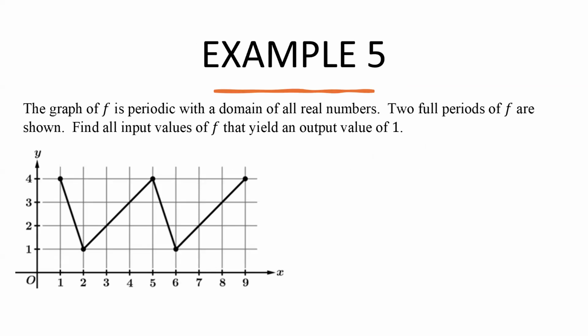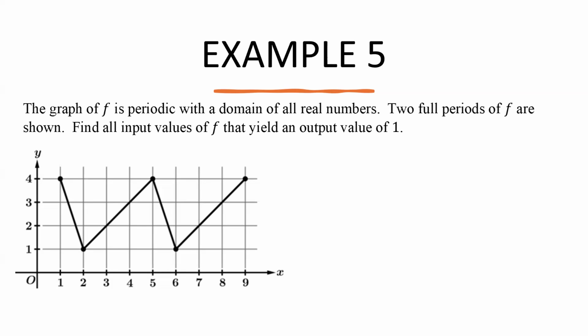Okay. So here we have our last period example that we're going to look at. Before we get to more trig stuff, the graph F is periodic with a domain of all real numbers. 2 full periods of F are shown. Find all input values of F that yield an output value of 1.